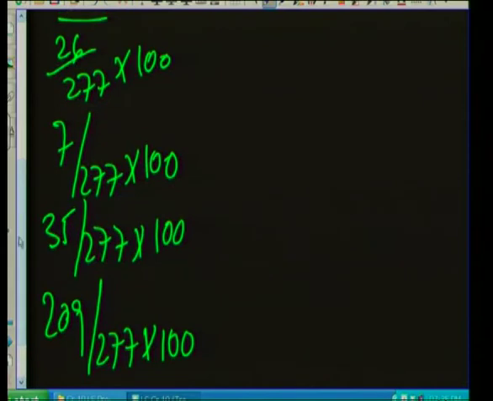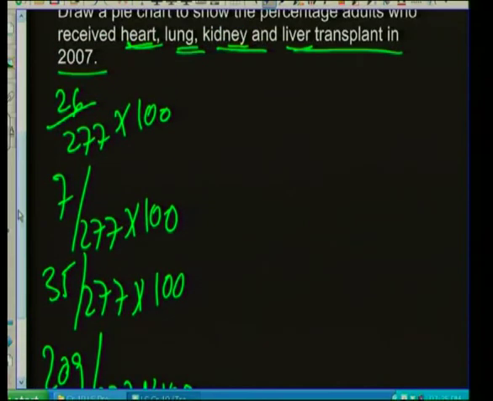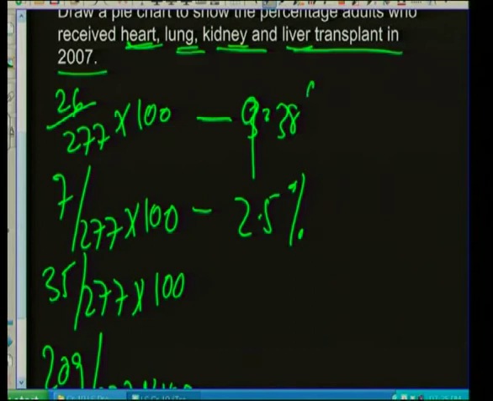So that's our figures. So we're going to work out on the calculator these figures, and your answers would be, the first one would give you plus minus 9.38%. The second one should give you a figure of 2.5%.